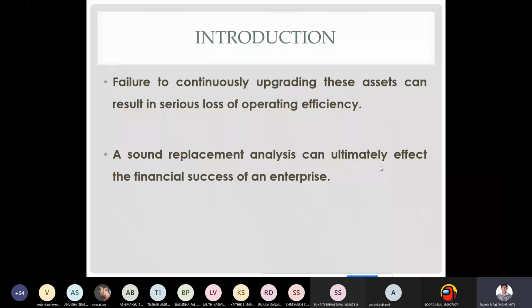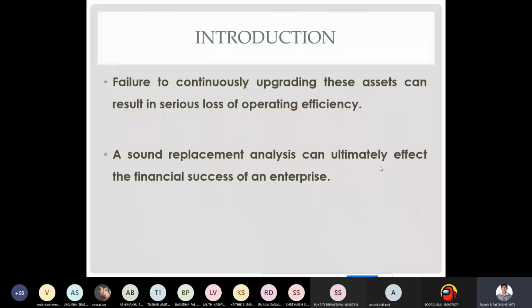The organization always tries to minimize such costs. If you use an older machine for a period of 3 years, 4 years, 5 years, the operational efficiency is reduced as you increase the number of years you use that machine.